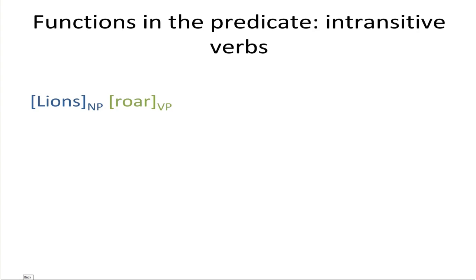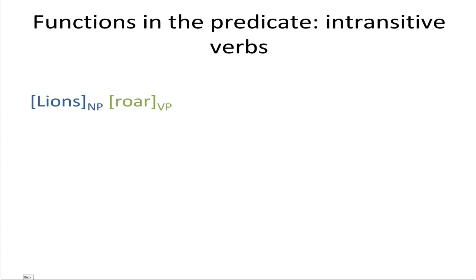Remember that, as with all phrases, the only obligatory component of a verb phrase is the head, and the head of a verb phrase is the main verb. If the main verb is an intransitive verb, then it's possible for the verb to appear on its own in the verb phrase without needing anything following it.